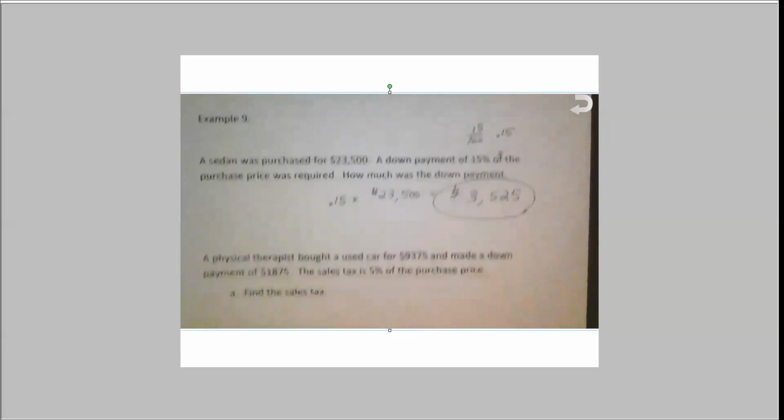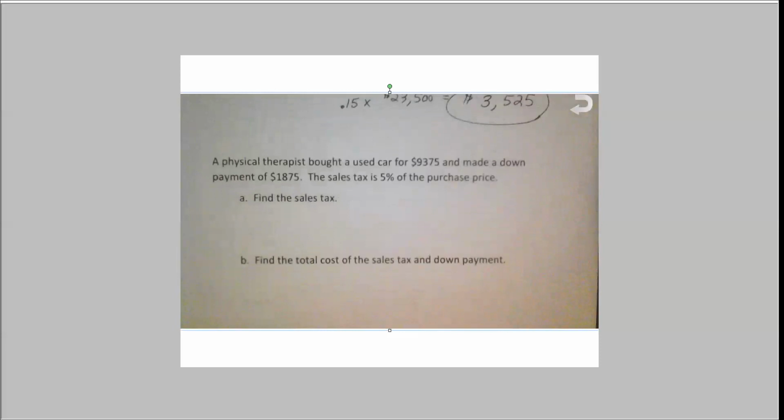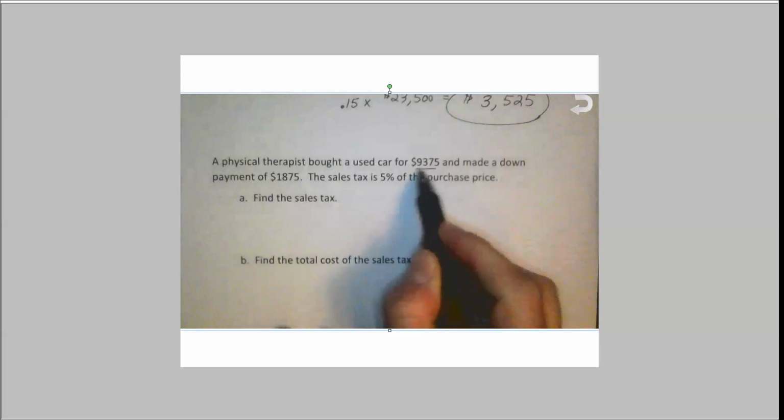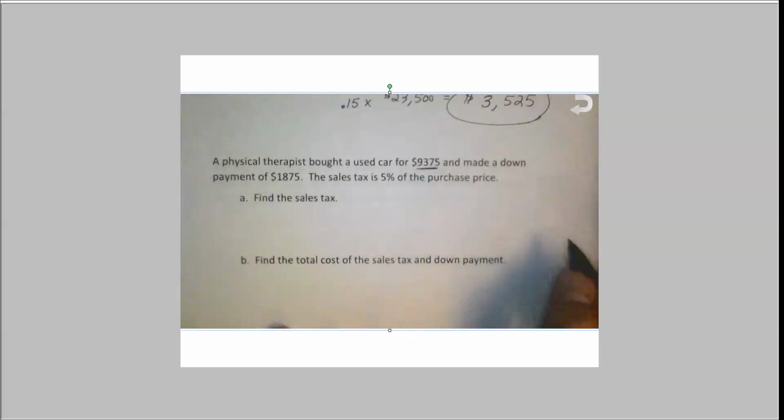All right, keep going. A physical therapist bought a used car for $9,375 and made a down payment of $1,875. The sales tax is 5% of the purchase price. Okay, so we're going to take 5% of what it was purchased for.